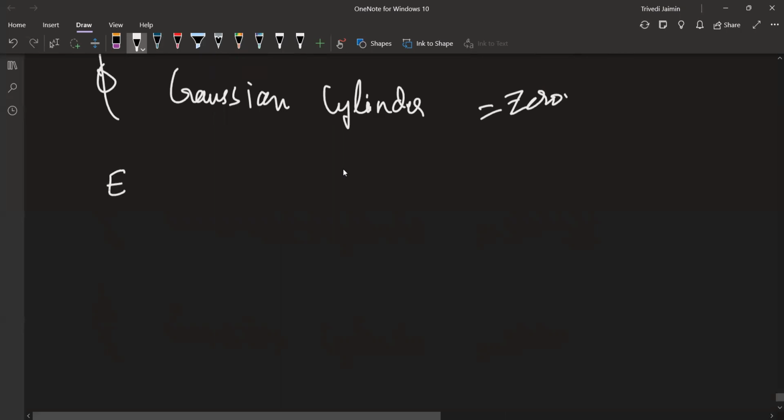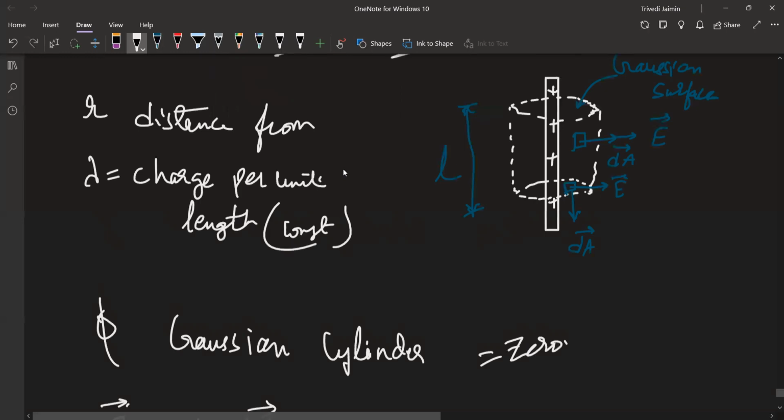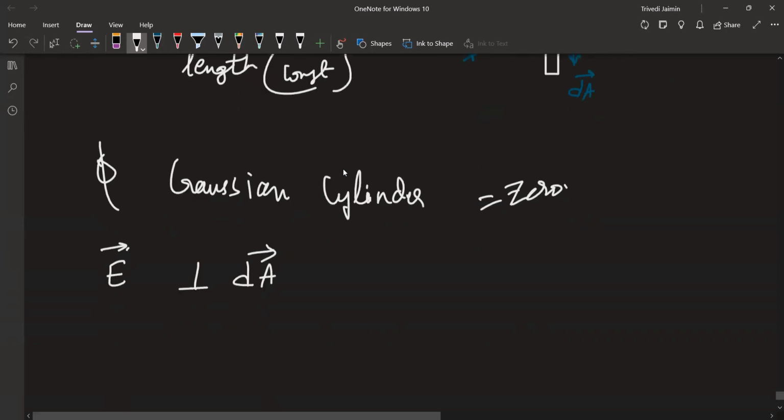So now let's talk about electric field. It is perpendicular to dA. See, we have drawn here at the bottom. And then on the sides, it is parallel or the same side.